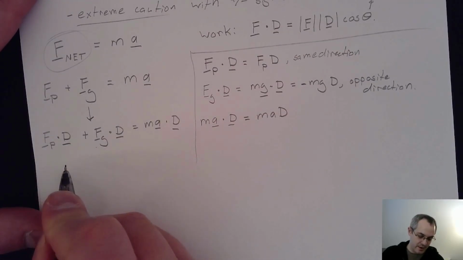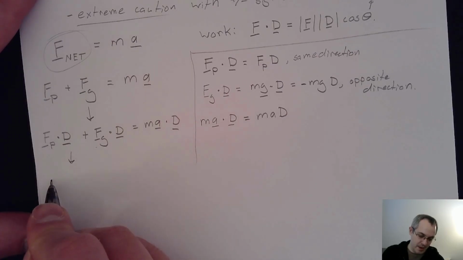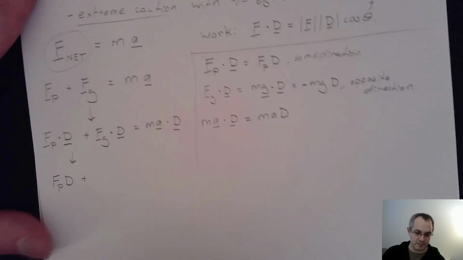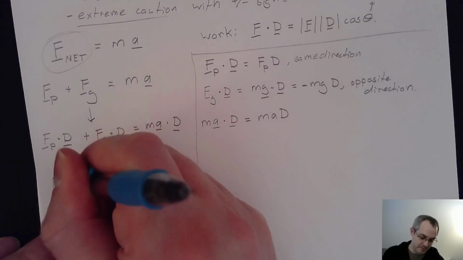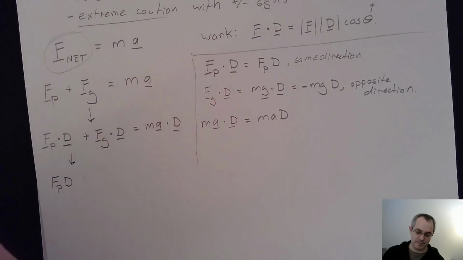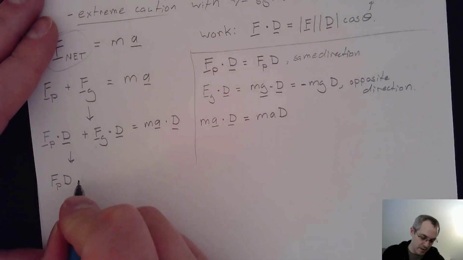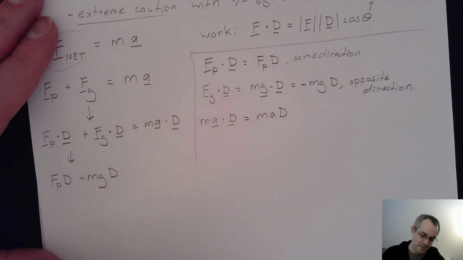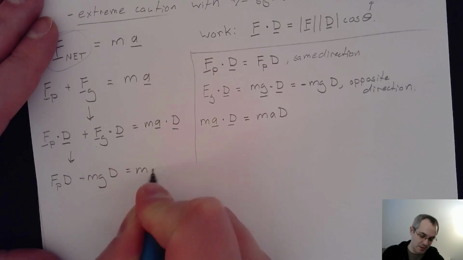And we get Fpd plus, oops, I already messed it up, minus mgd, and then equals mad.